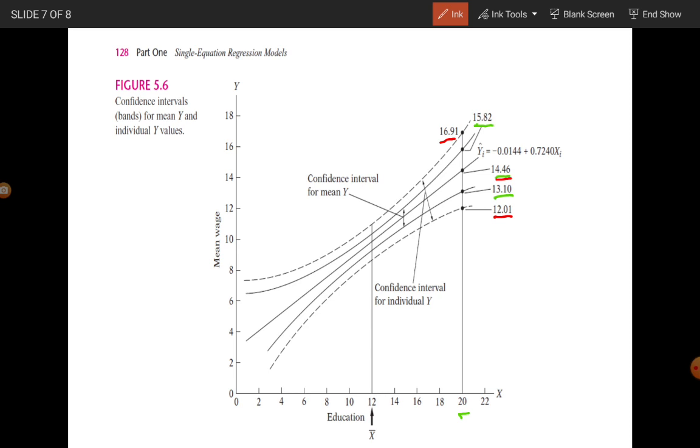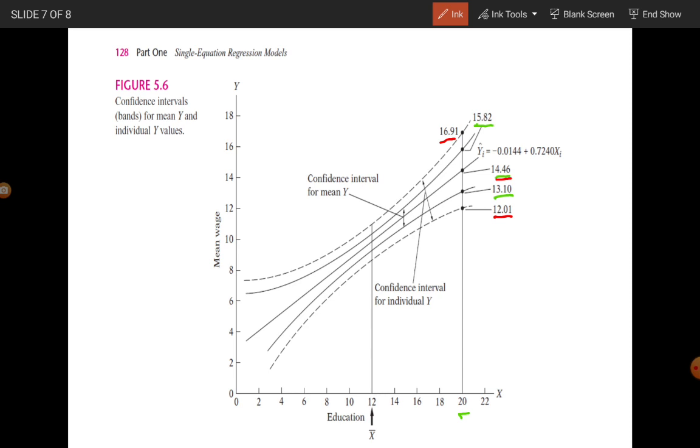Okay. So the dotted line and the continuous lines are called the confidence bands. This has been plotted by calculating the confidence intervals for different levels of x. Like we did for x equals 20, they have calculated it for x equals 18, x equals 16, x equals 14 and so on.